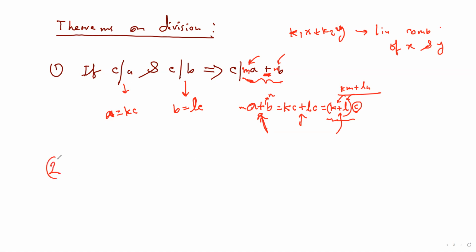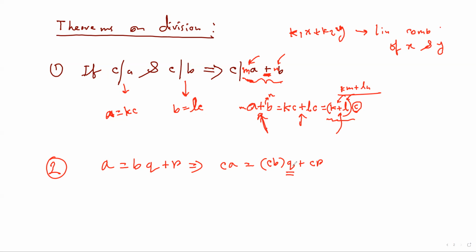Okay. Another idea is, if you divide a by b and eventually find out that r is the remainder, then if you were to divide CA by CB, you would get a remainder CR, and literally the same quotient.